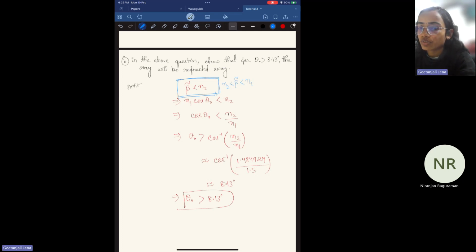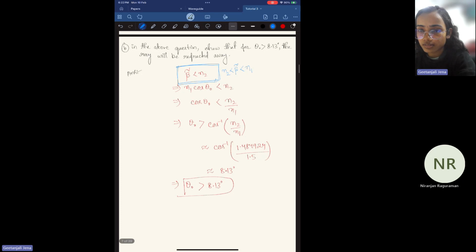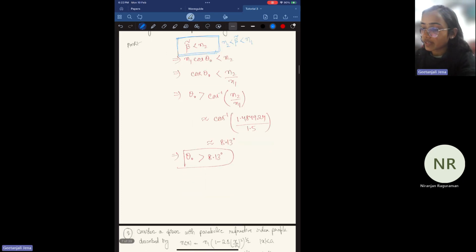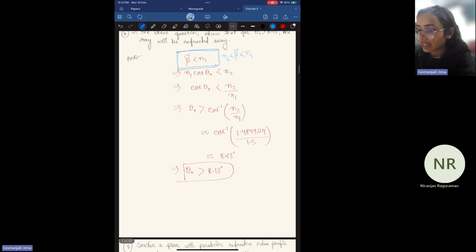Even if I don't have TIR, shouldn't there be a partial reflection for this case, for this refraction? So what I mean, are you talking about when theta 0 is 8.13 degree, there will be partial reflection into the... okay.